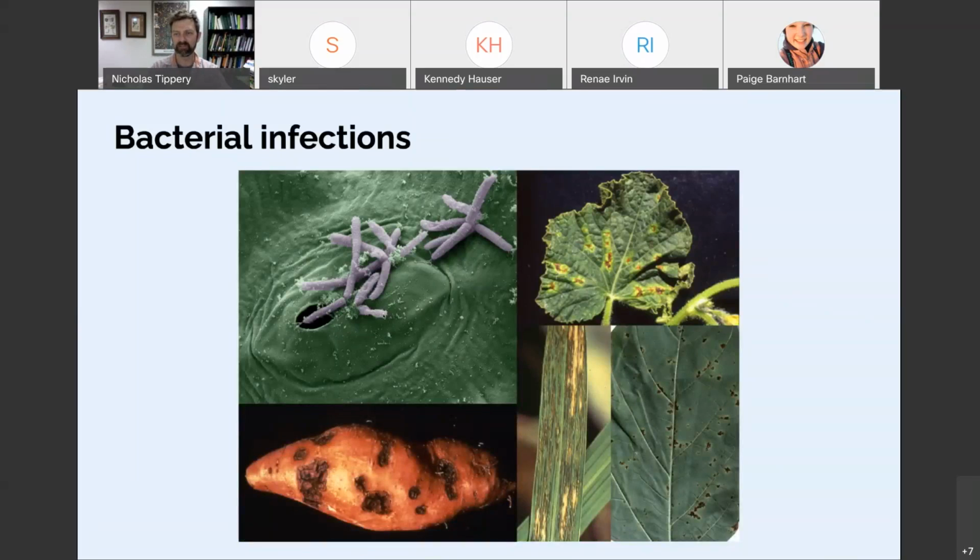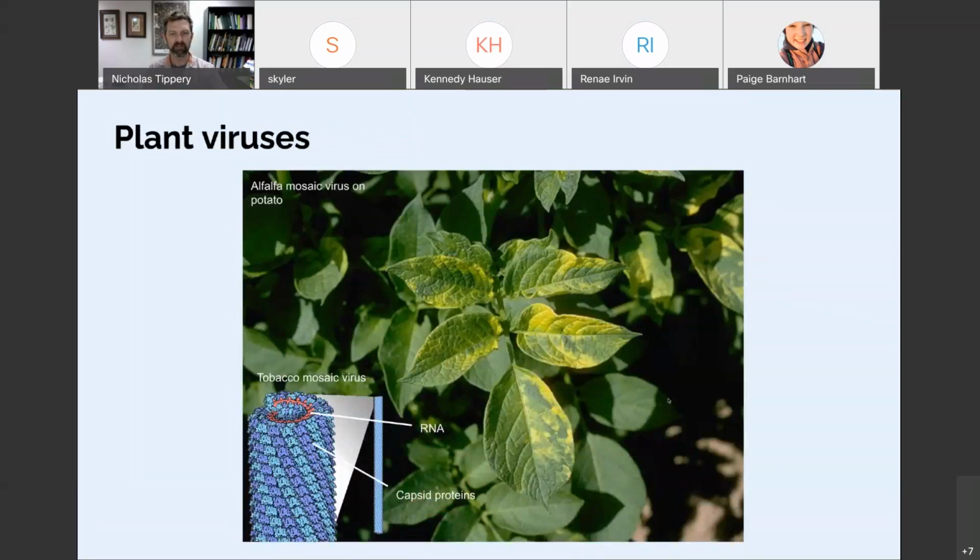And then once they get inside of the plant, they can cause trouble with all these different evidences of bacterial infection. Plants get viruses as well. There are viruses specific to plants. Turns out that viruses were originally discovered in plants. So they discovered that there was something smaller than a bacteria, and they filtered out the juice extract of a plant, and they filtered it so finely that even the bacteria couldn't get through.